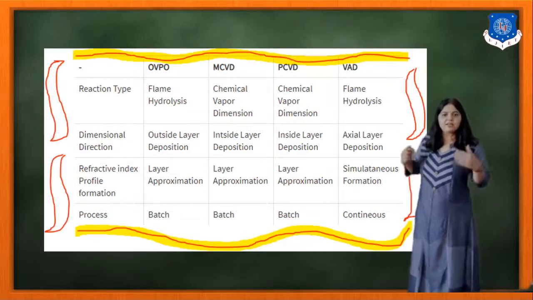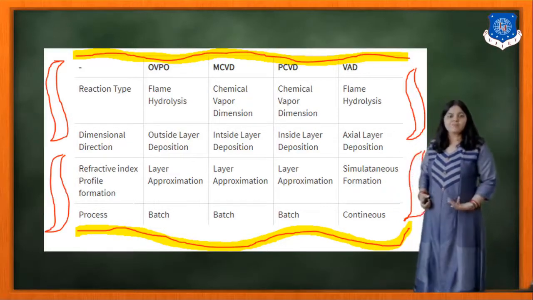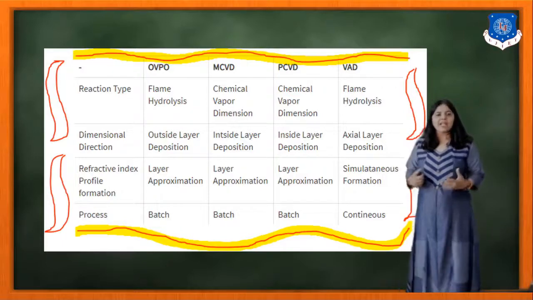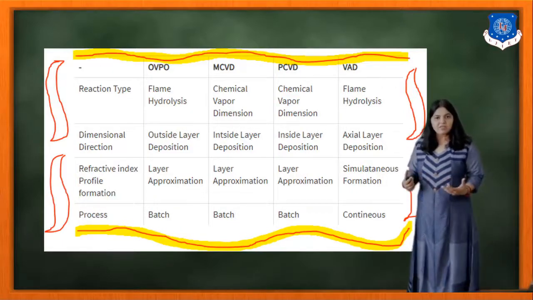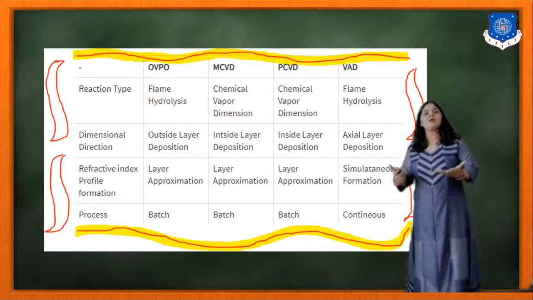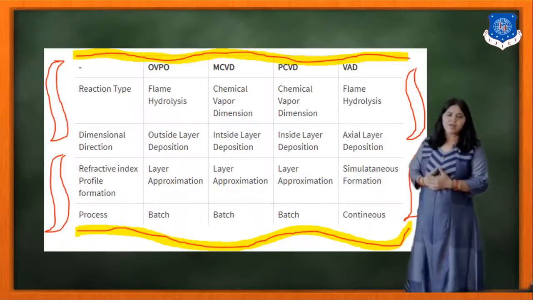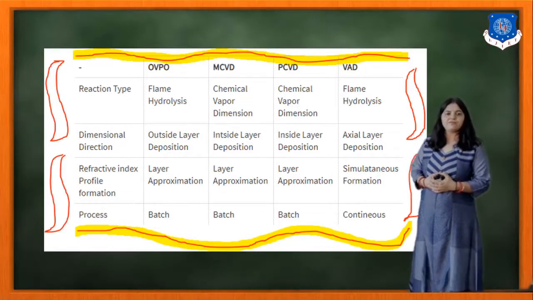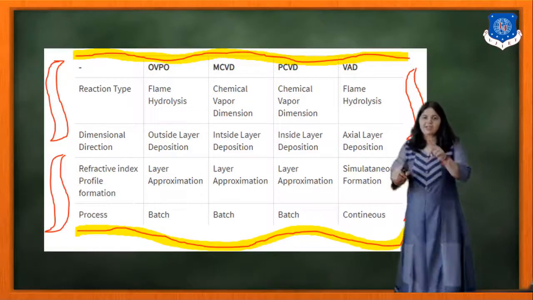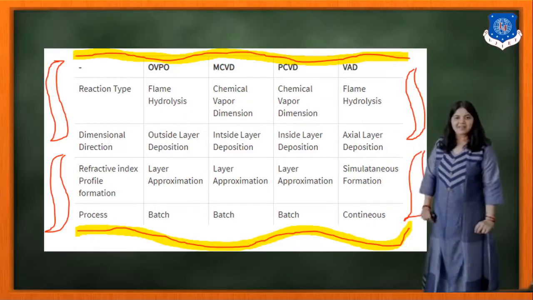So first of all, the reaction type. Okay, OVPO method, flame hydrolysis. MCVD, chemical vapor deposition. Okay, PCVD, again chemical vapor deposition, and VAD, that is flame hydrolysis. OVPO and VAD, both are in the same category.